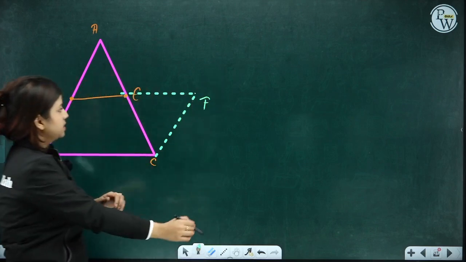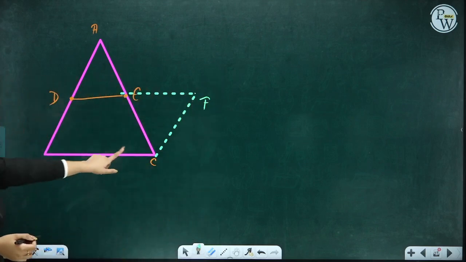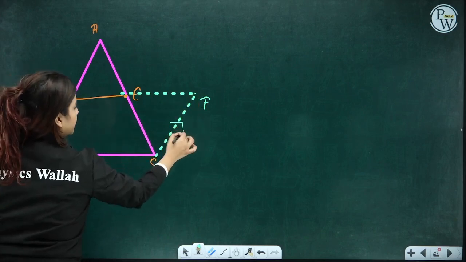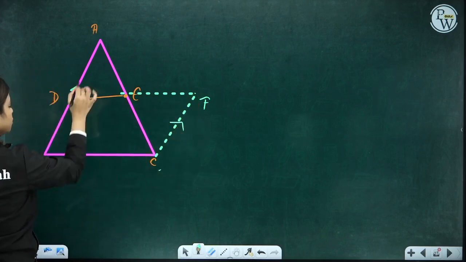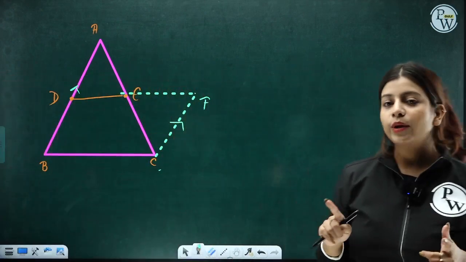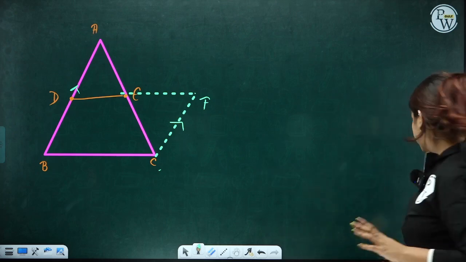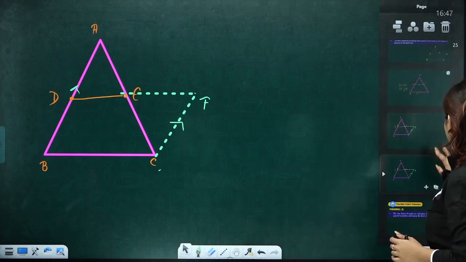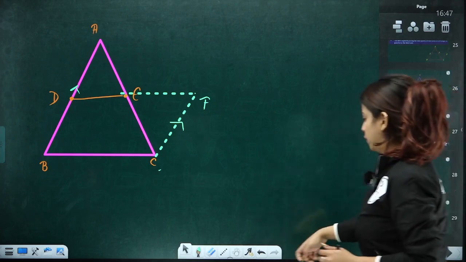Alright, so this is the construction that we have done, that through C, we have drawn a line parallel. This CF line is parallel to AB, and we have done the construction, right? So, let's start with the proving of this particular theorem.